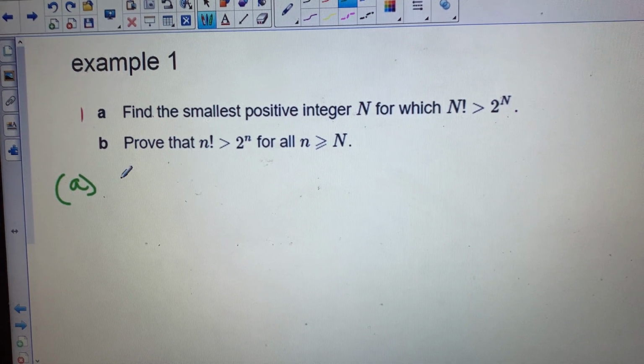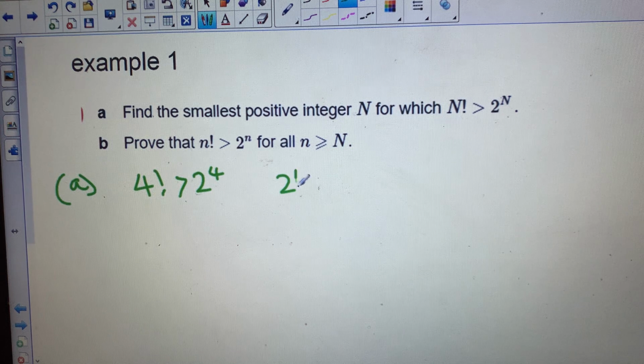So essentially you could put 3 in and maybe, it says find. If it said show that, you might have to justify your answer a bit more by putting 3 in and showing that it doesn't work and then putting 4 in. But because it says find, it just wants the answer. And you know that 4 factorial is greater than 2 to the 4.